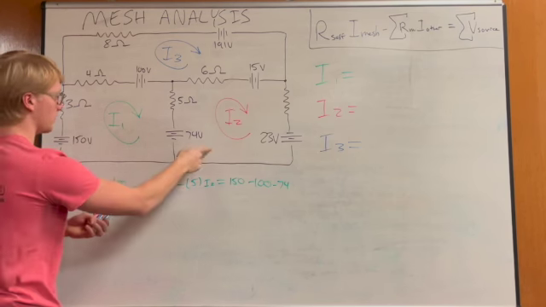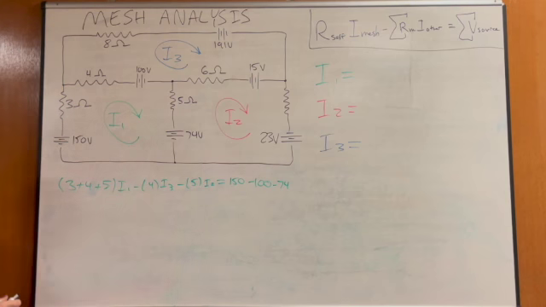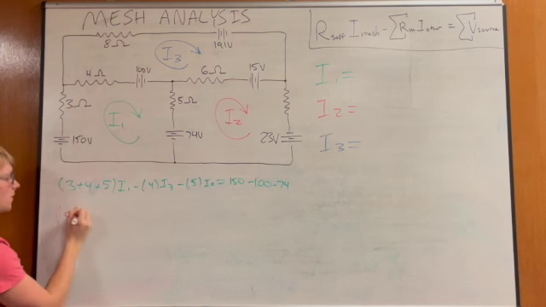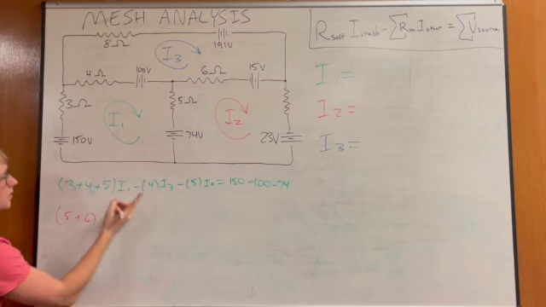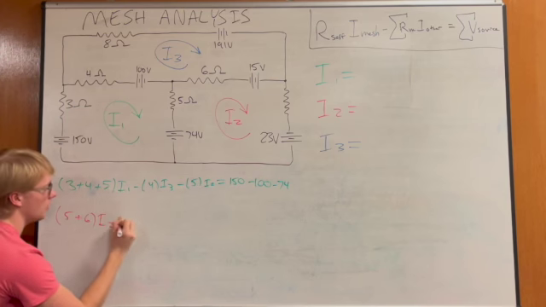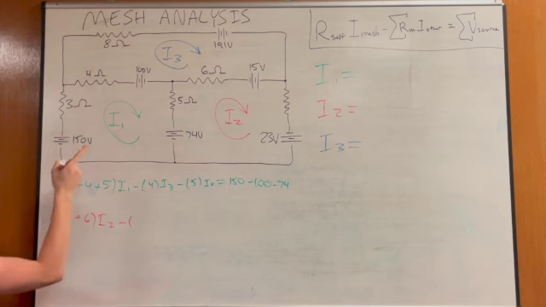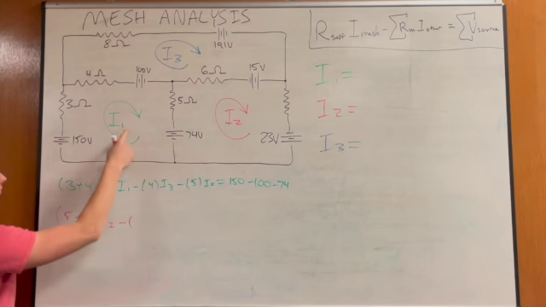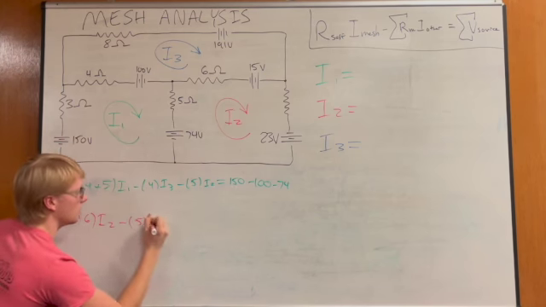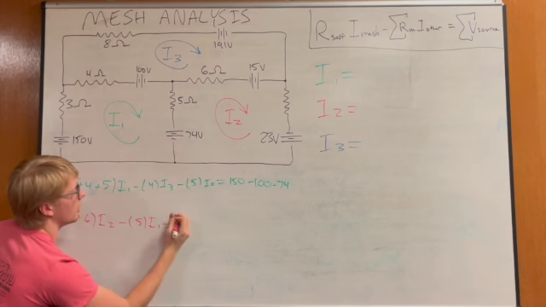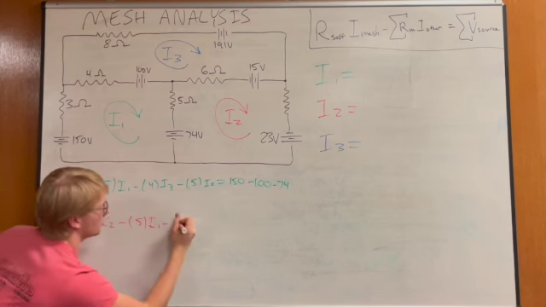We'll analyze the red one next. The self-resistors are 6 plus 5, so 6 and 5 times I2, minus the mutual. 5 is with I1, and 6 is with I3.